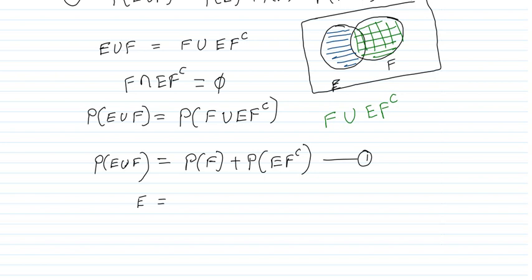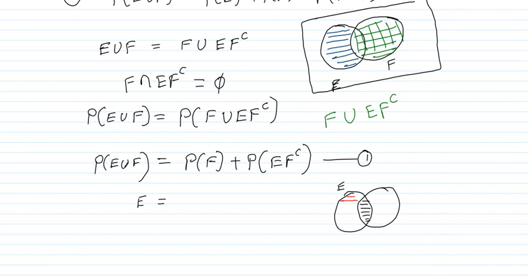Let me draw a picture. I have E here, right? Now I want to write this E in terms of happening or non-happening of F. If F happens, then this is where E happens. If F doesn't happen, then this is where E happens. So you can see E as a union of two disjoint sets.